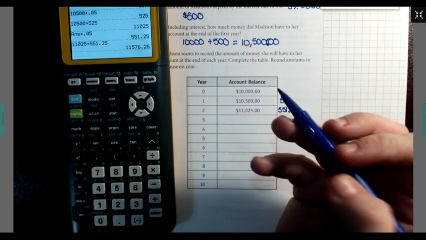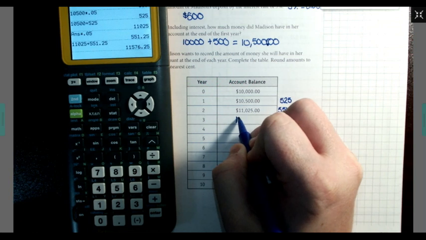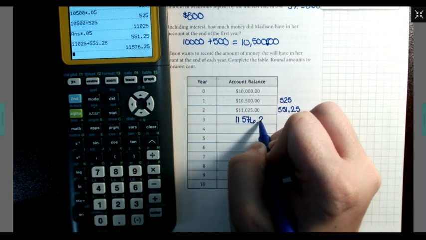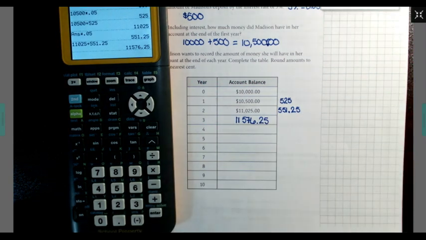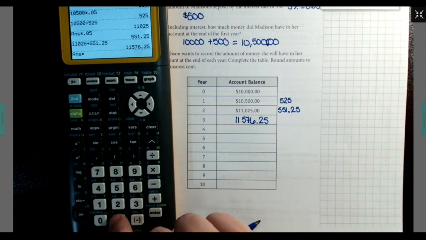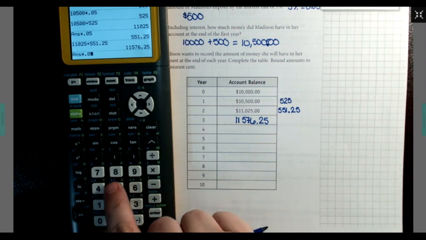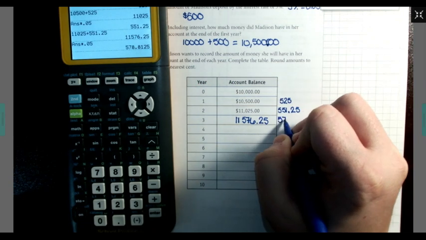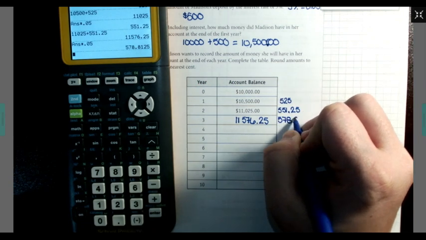So we add those together to get $11,576.25. Well, we're again still going to earn this 5% interest every year. So I multiply by 0.05. We get $578.81.